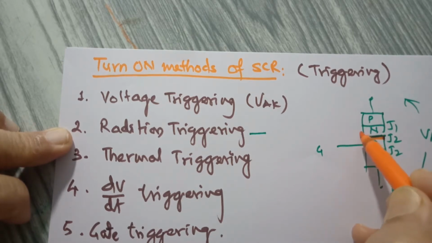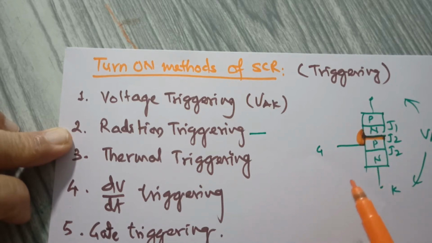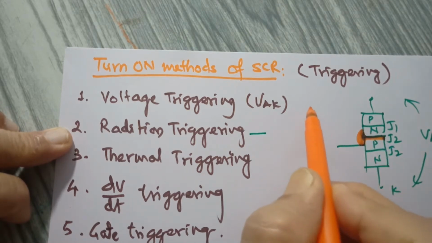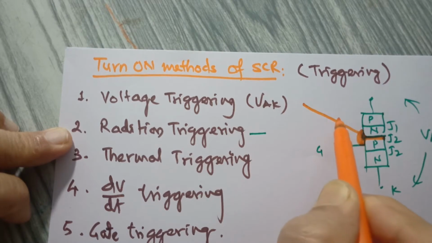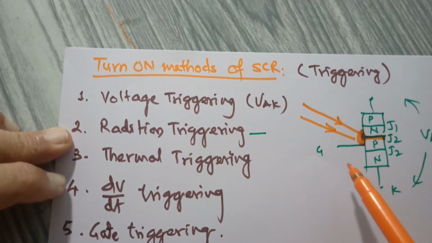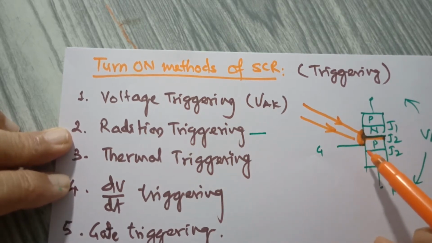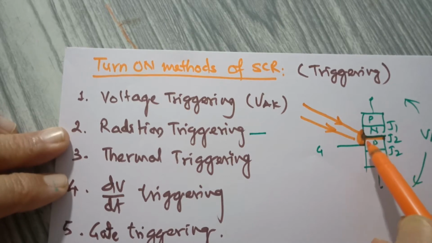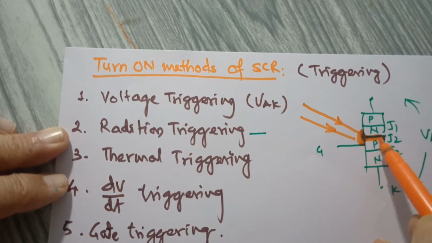And if there is a glass window here, and we incident some light, photons, or some high energy neutrons, these photons or neutrons are a source of energy and they will create current carriers, electrons and holes.